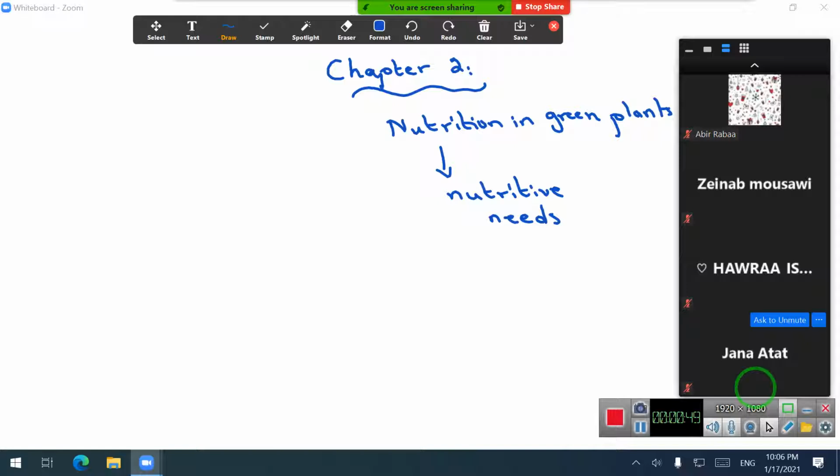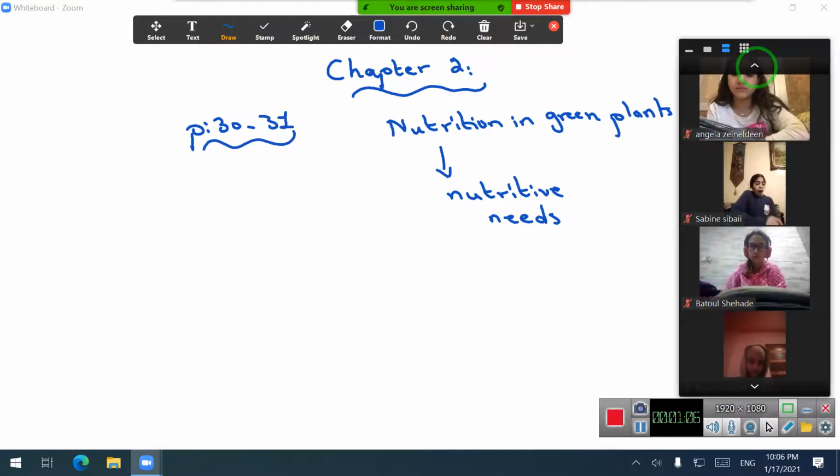So, let's start with activity 1 in your books on page 30. Please, you have to open your books on page 30 and 31 to recognize or identify the important needs of green plants.